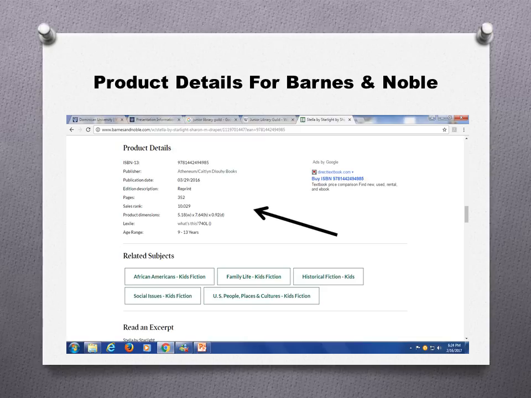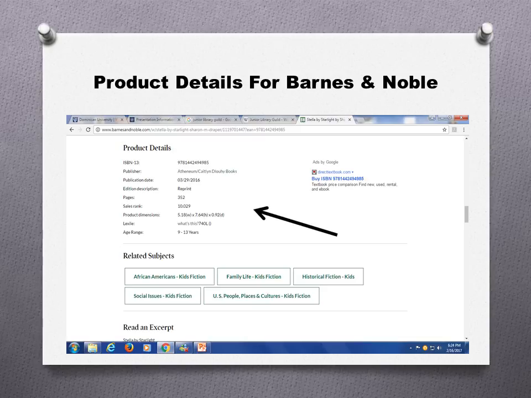Barnes and Noble is a little bit limited with the same aspects as the ISBN number, how many pages you have, the Lexile score, age range, and look at this. These are the tags of the book. As you can see, the book is based on social issues for kids or children, family life, historical fiction.